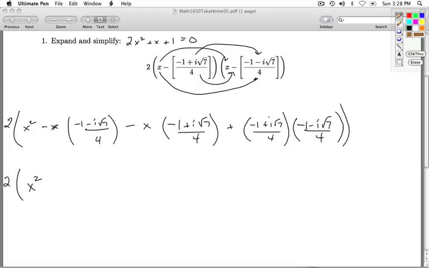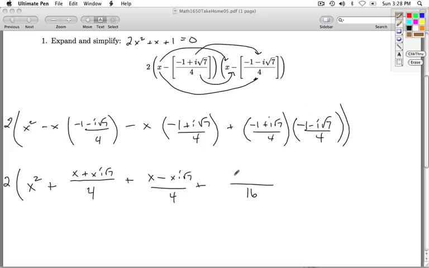I can change this to plus a negative x times this. And so if I distribute a negative x through there, I'm just going to get a positive x plus xi radical 7 over 4, plus a negative x and distribute that through. That's going to be a positive x minus xi radical 7 over 4, plus multiply these two denominators gives me a 16, and I FOIL this out.